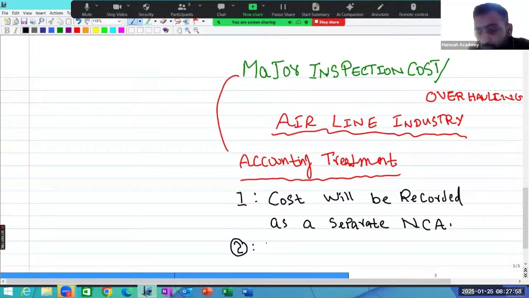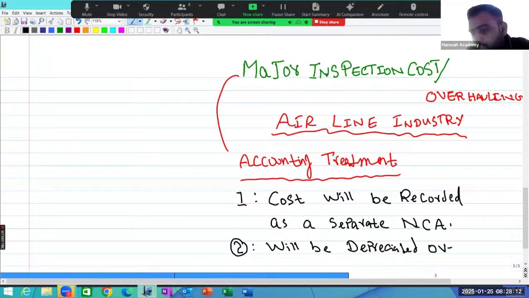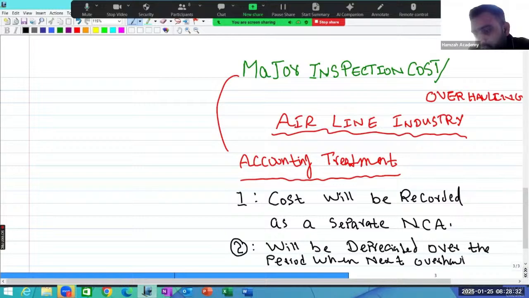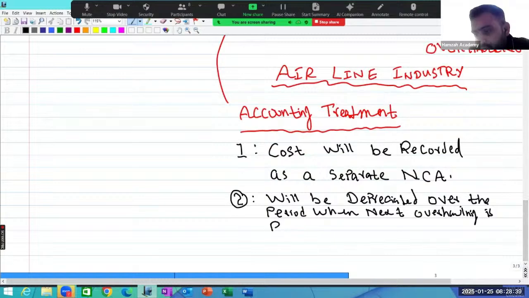And number two, it will be depreciated over the period when the next overhauling is required.